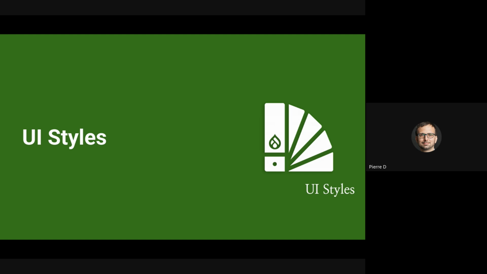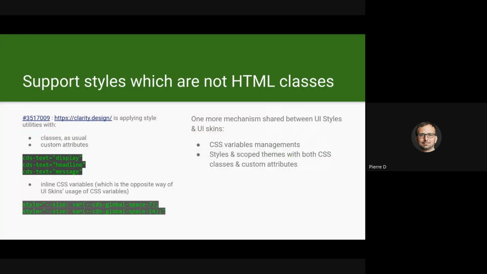Let's talk about UI Styles. So we have a new issue, which is a bit surprising because in 5 years of UI Styles, it's the first time we are meeting it. There is Clarity. It's a design system which is a good design system, very good quality, very well done.